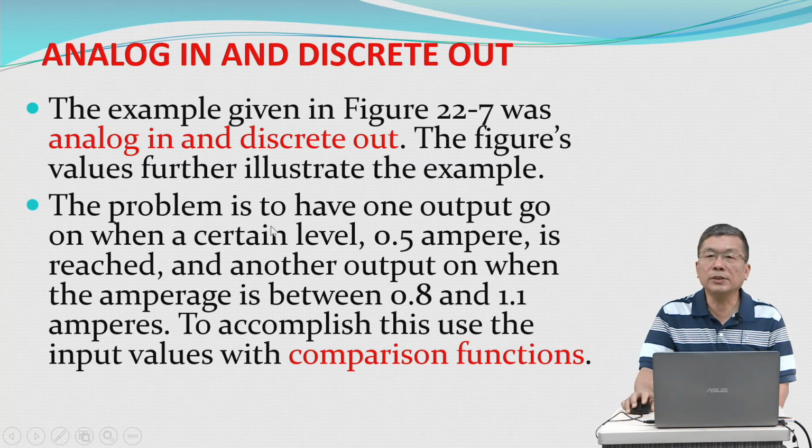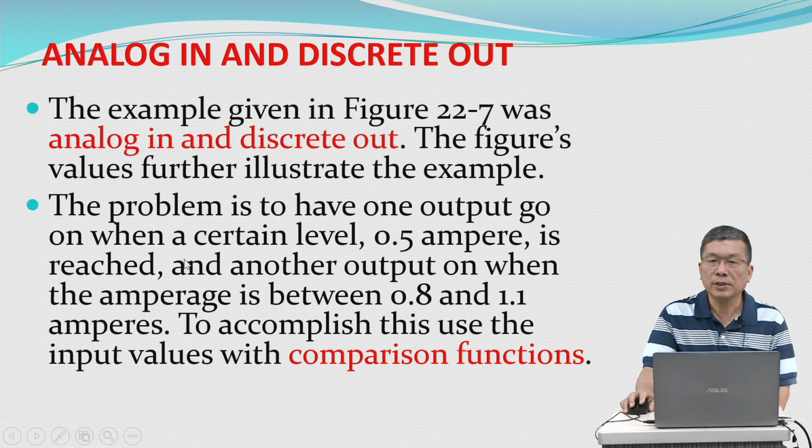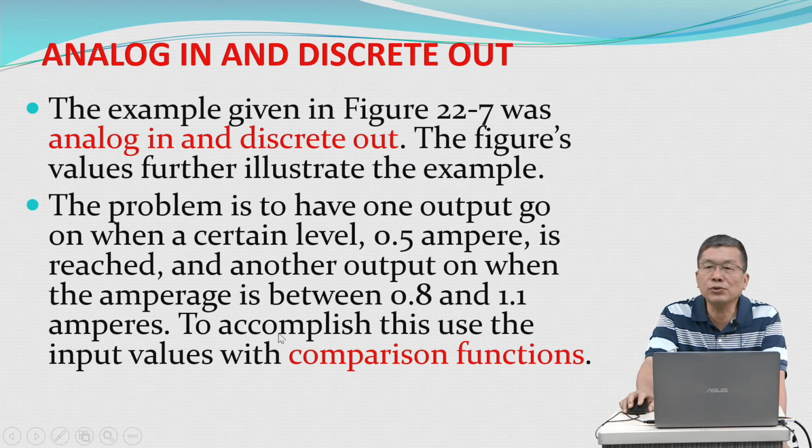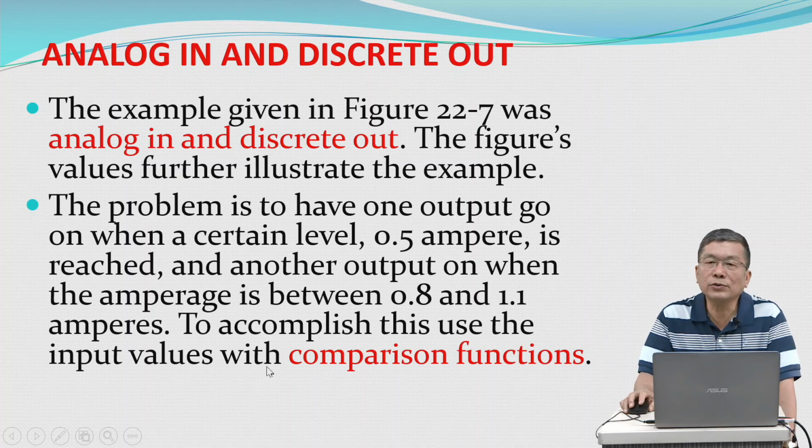The problem is to have one output go on when a certain level, 0.5 ampere, is reached, and another output on when the amperage is between 0.8 and 1.1 ampere. To accomplish this, use the input values with comparison functions.